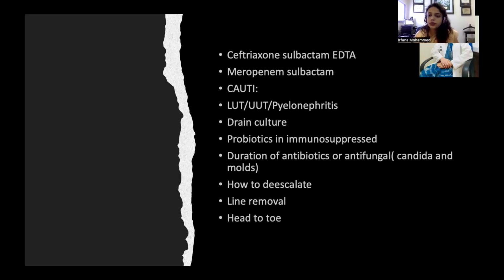Definitely try to remove the line as soon as possible, because early source control is a must. Otherwise, the patient will land up in sepsis, septic shock, or may have embolic phenomena and may develop endocarditis and death.